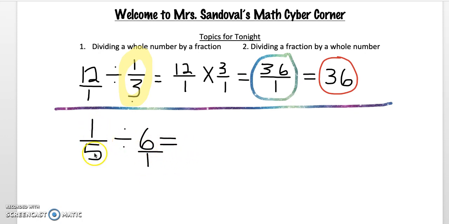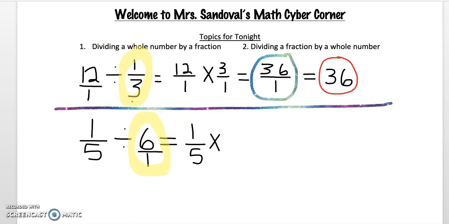Next step, we copy the first fraction. The next step after that is that we change this division sign to multiplication. Next, we invert the second fraction. Remember, we invert the second fraction, always and only the second fraction.